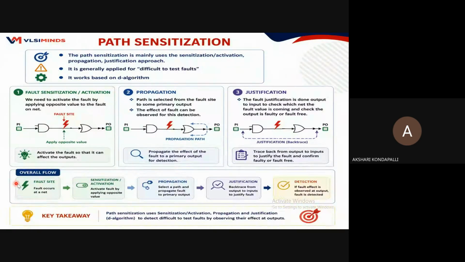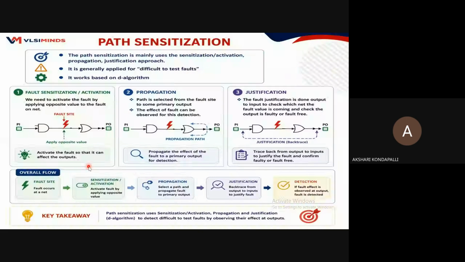Sir, I have a question. The faults are identified using structural testing now, sir? Yes, we detect the faults using structural testing. In random test patterns, even though we know the number of faults, some faults will not be identified, is that what you're saying, sir?